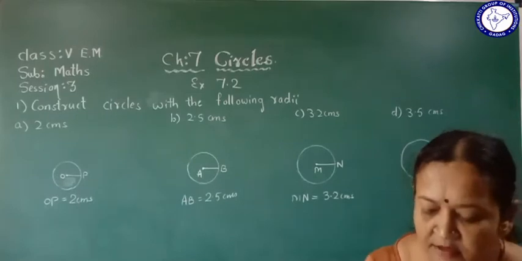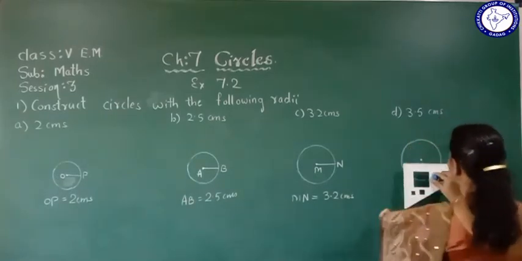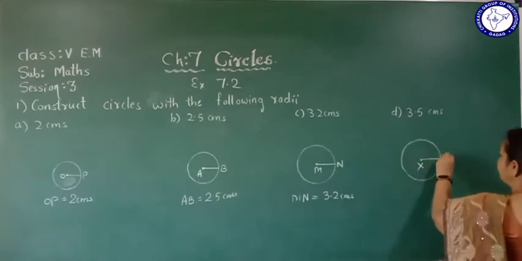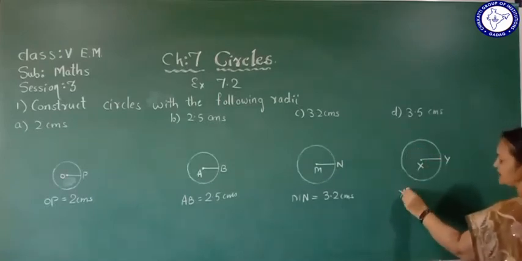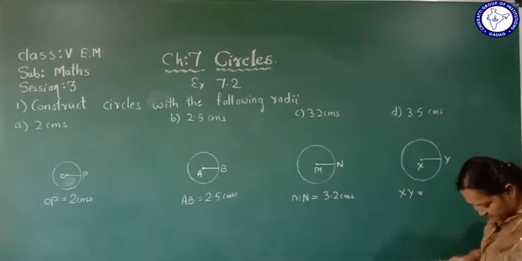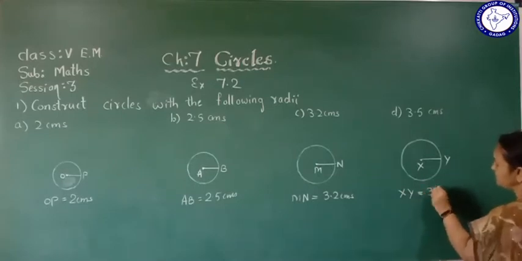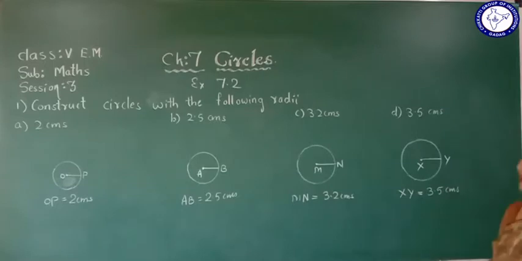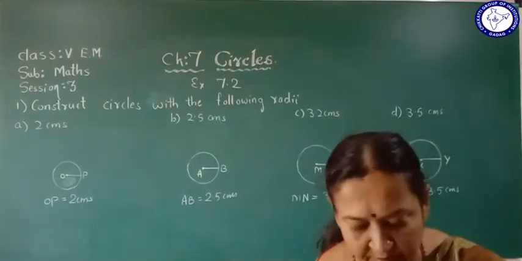Then draw a radius of this circle. Let me name it Y. So here XY is 3.5 centimeters. This understood?